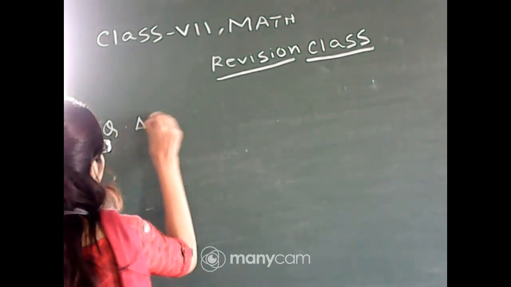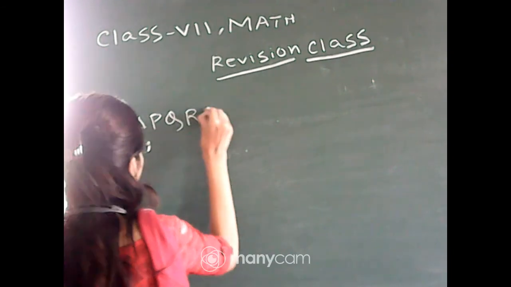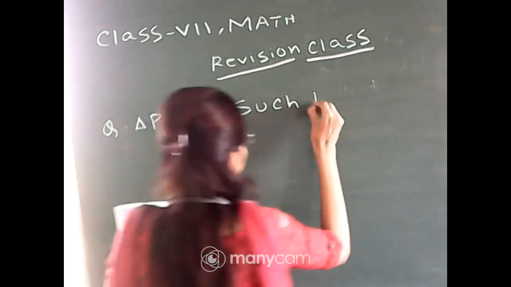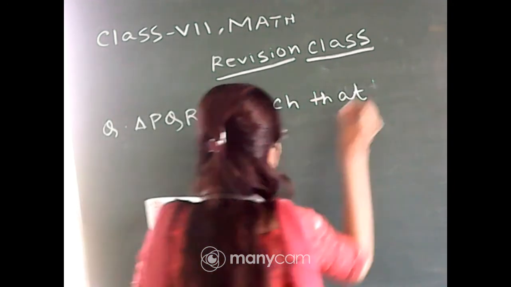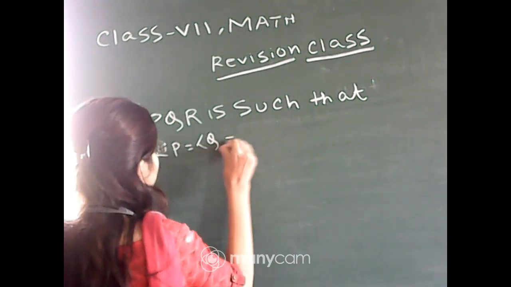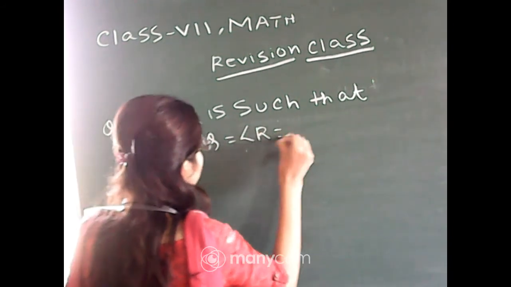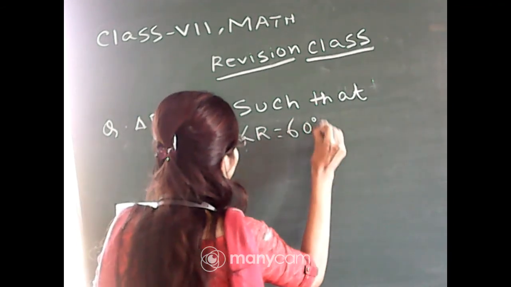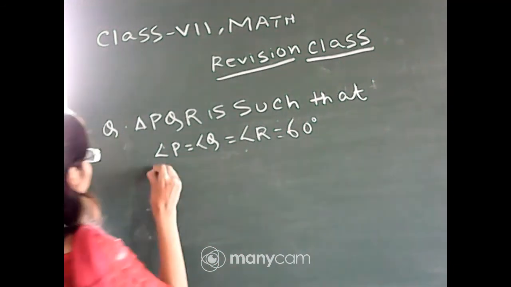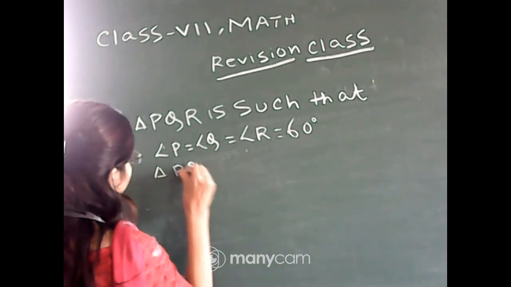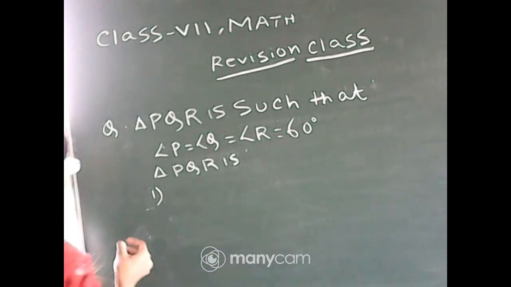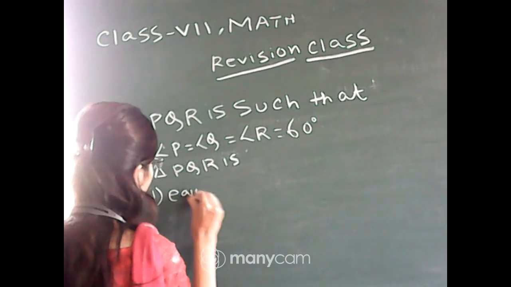Triangle PQR is such that angle P is equal to angle Q is equal to angle R is equal to 60 degrees. Then the triangle PQR is: option 1 is equilateral triangle.